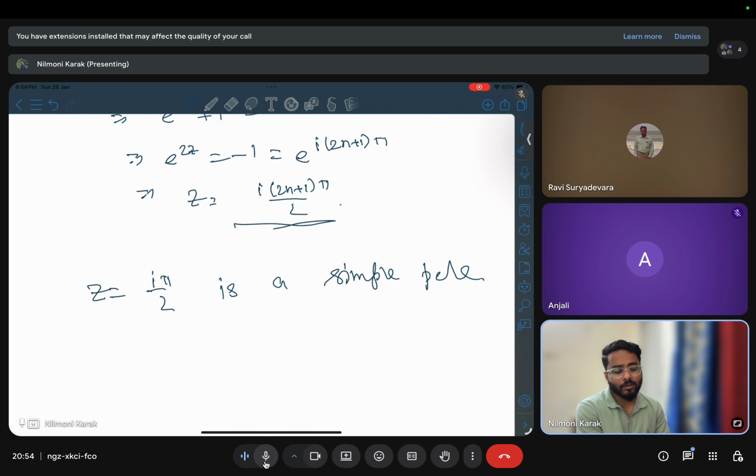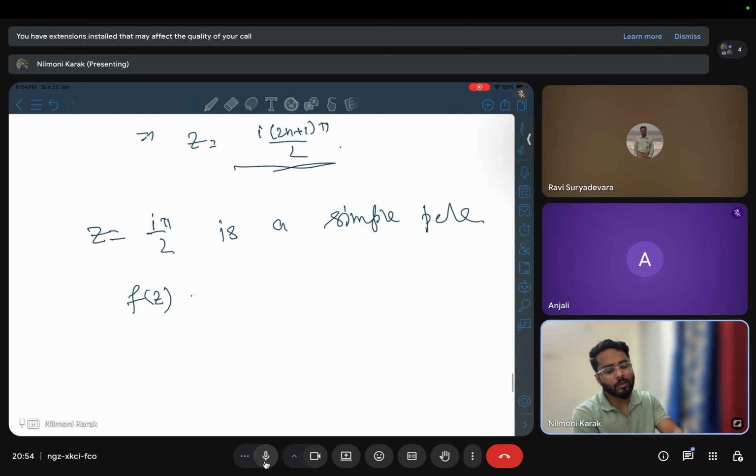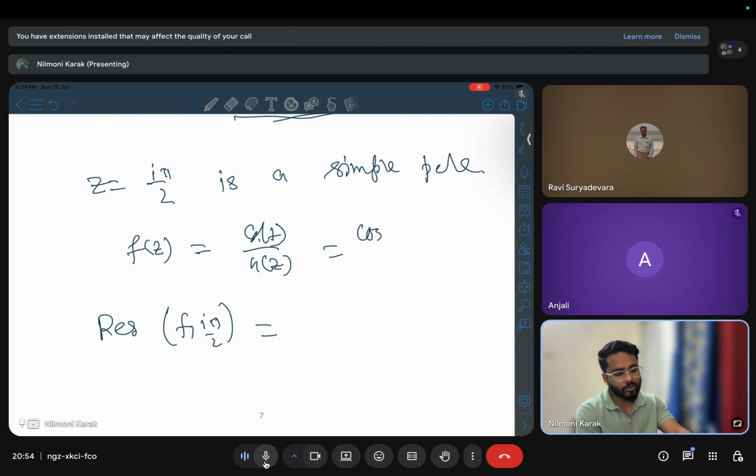Once you have a simple pole, f(z) is like g(z) by h(z). So you have one special formula to calculate the residue. Here it is cos z by cos hyperbolic z.